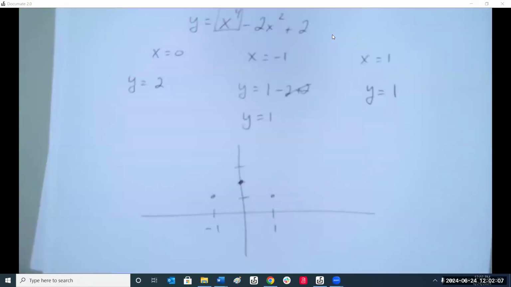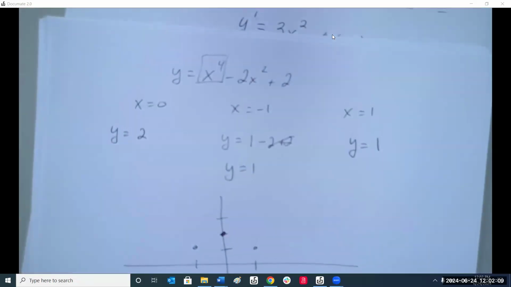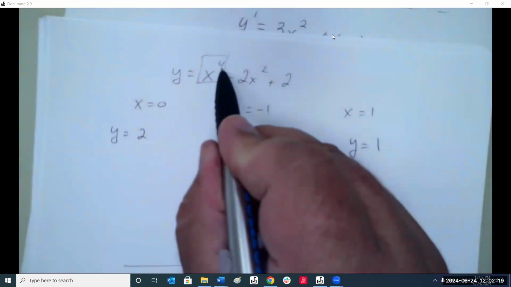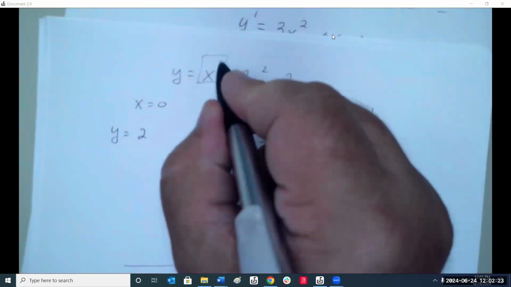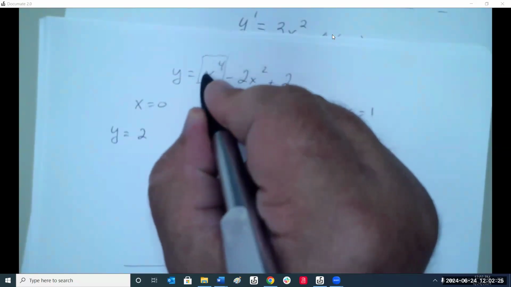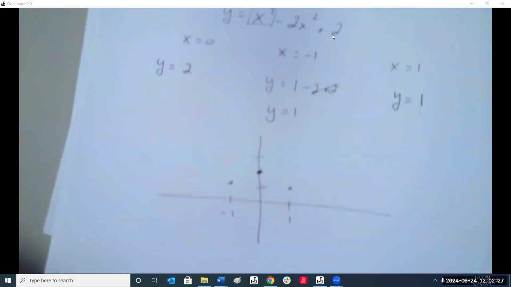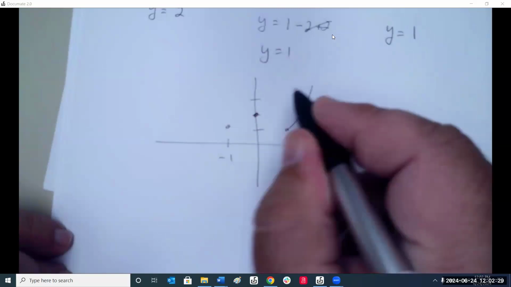What kind of shape is it going to have? What's the end behavior of the graph look like? Parabola. It's like a parabola. Yeah. So in other words, both ends point the same direction. Since it's positive, they both point up.